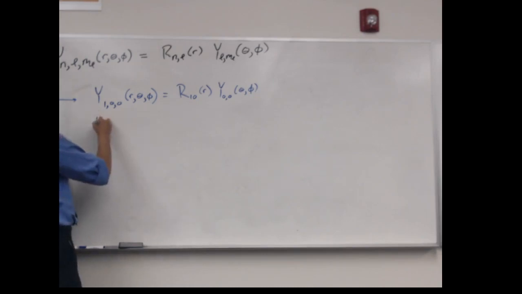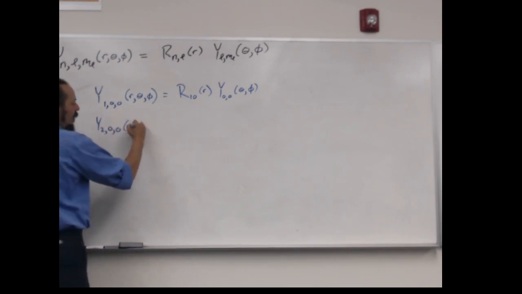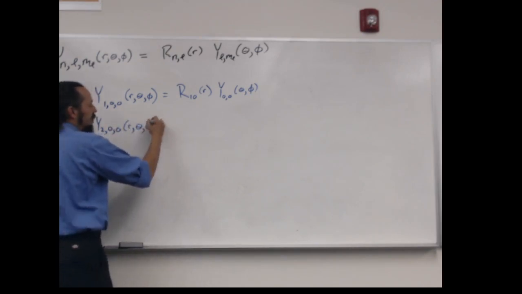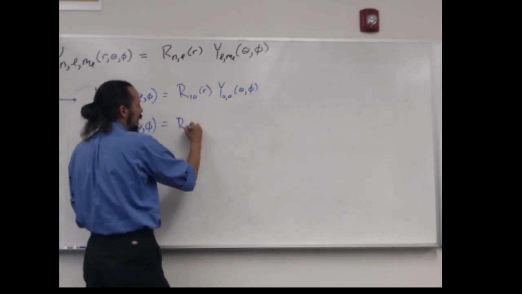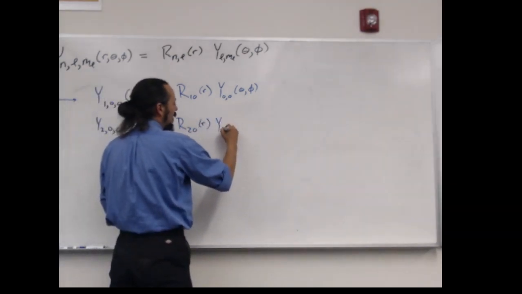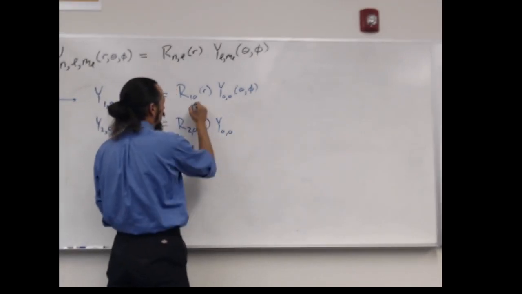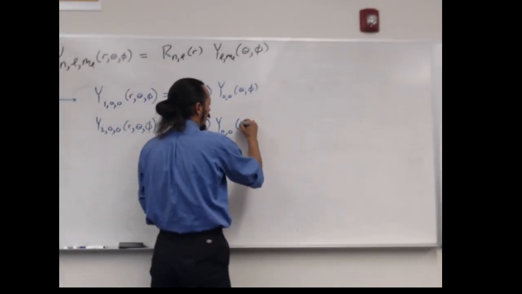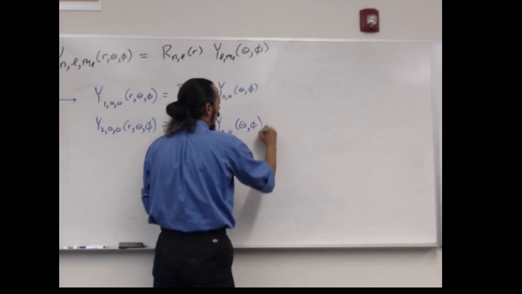Then we can do the same thing for a psi 200 of r, theta, phi. This is going to be R20 for the radial part, Y00 for the theta and phi.